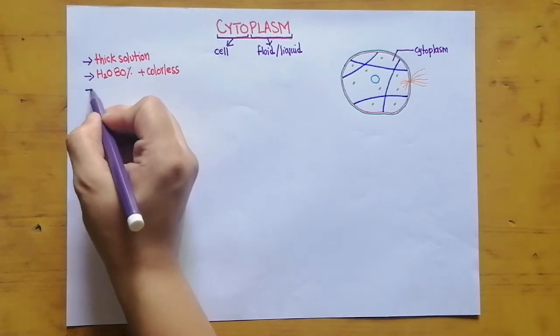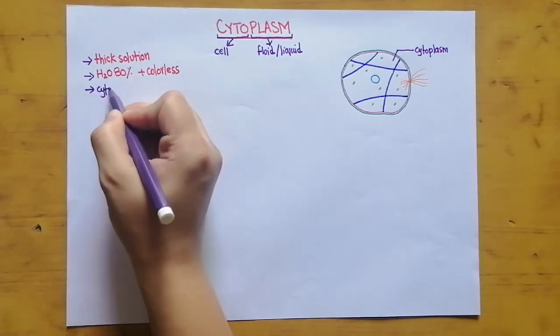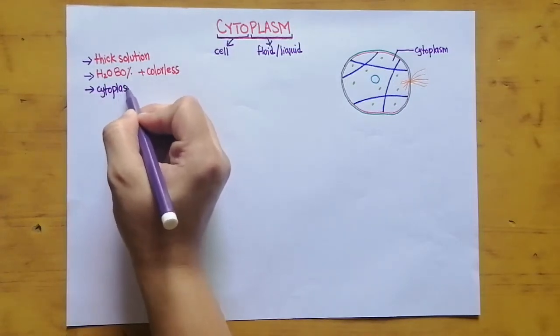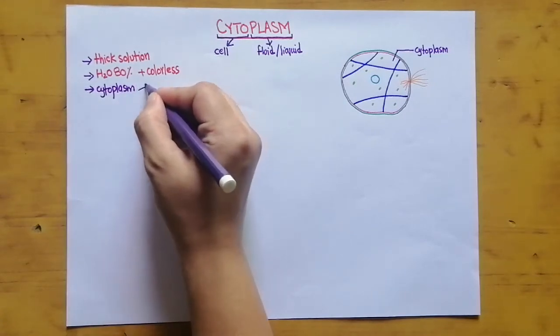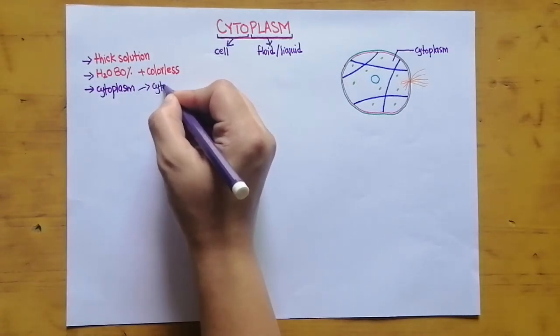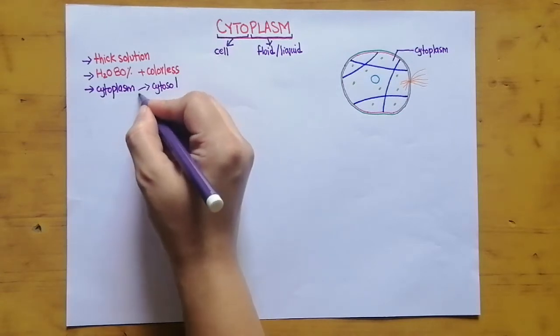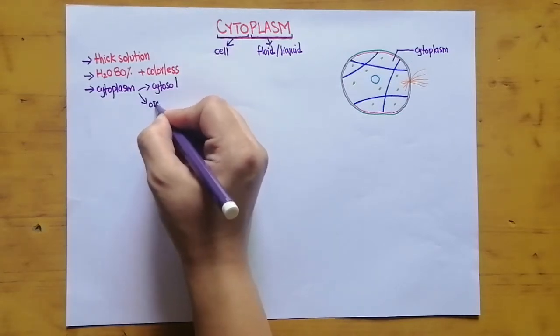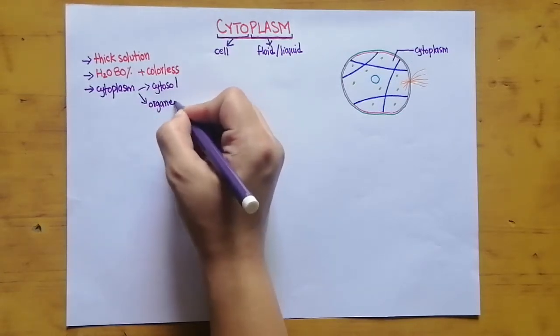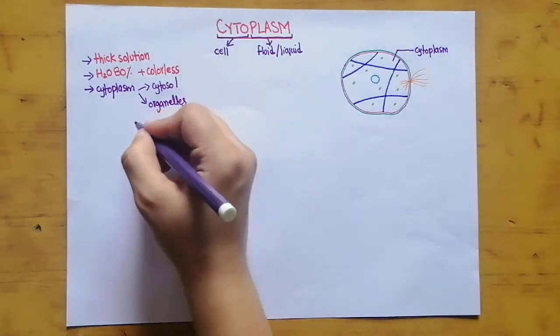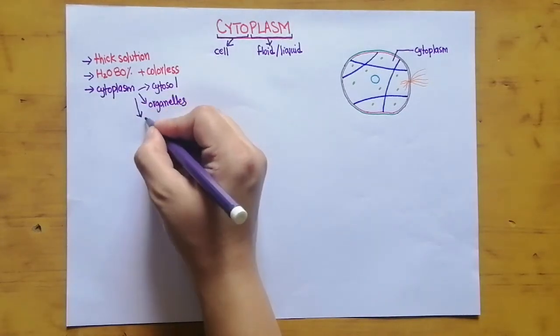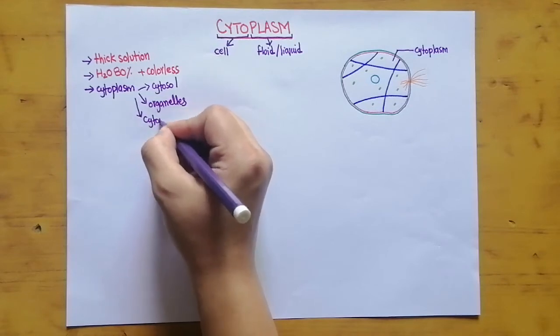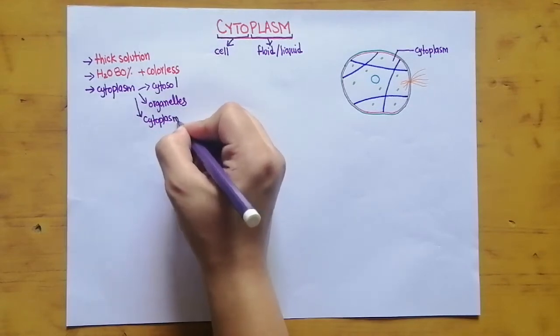The cytoplasm is made up of three parts: cytosol, organelles, and cytoplasmic inclusions.